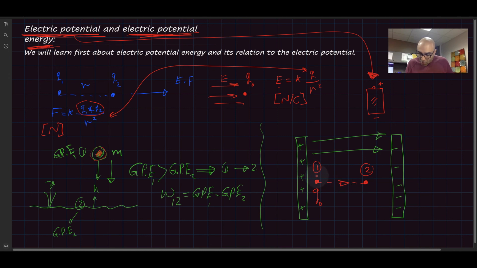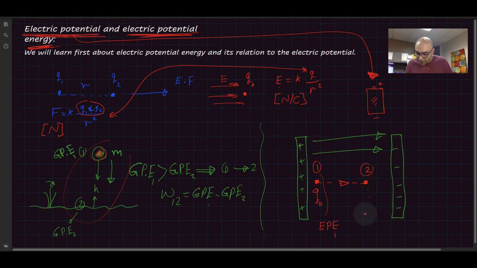We are going to call this point here electric potential energy. Just like we call this gravitational potential energy, this is electric potential energy. And this is your first acquaintance with the electric potential energy. Just to relate to it, try to understand this first. Since it's happening at point 1, I'm going to call it the electric potential energy at point 1.